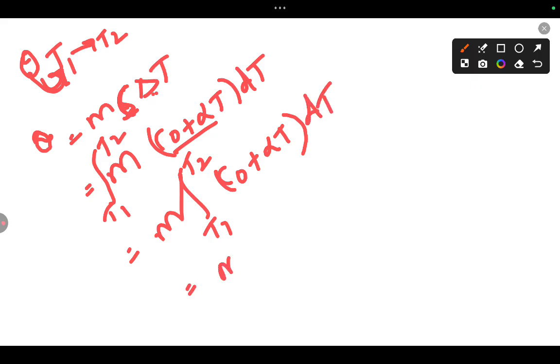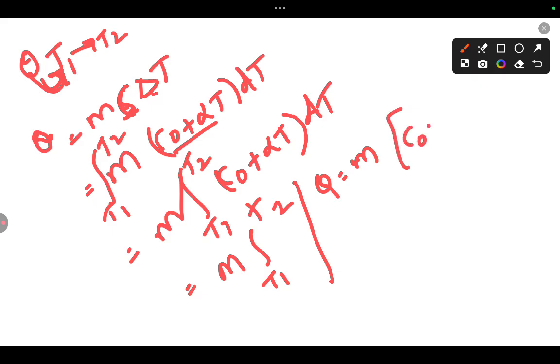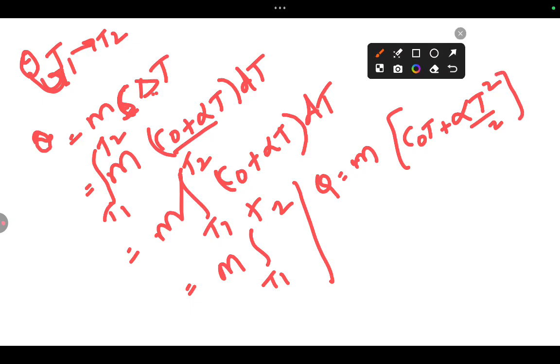After integration we get Q equal to M times C naught T plus alpha T square by 2, from initial temperature T1 to final temperature T2.